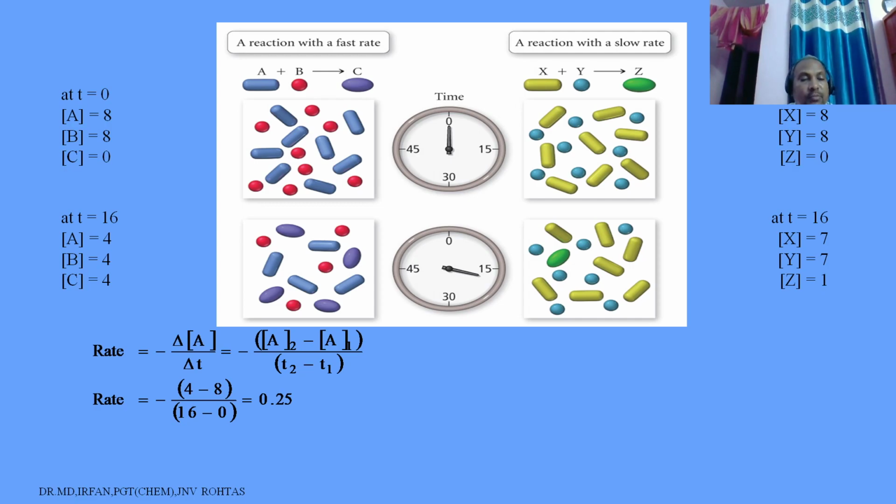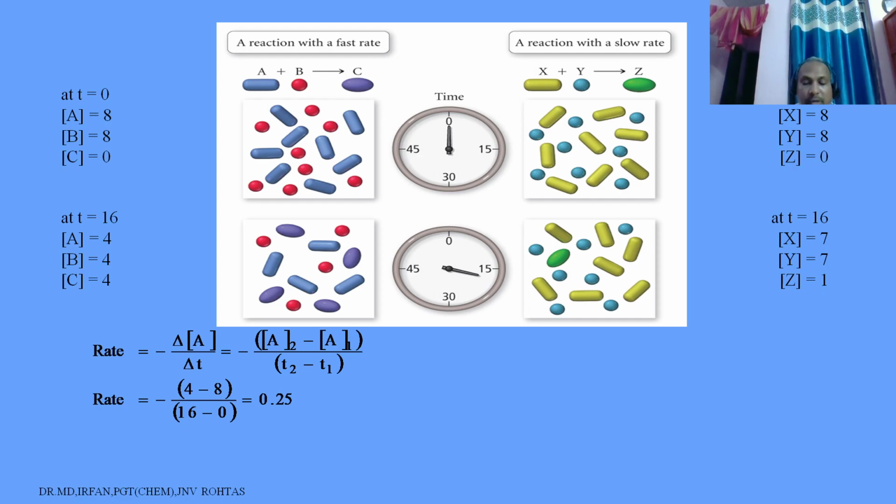Thus rate is equal to minus del A upon del T, where del A is the change in concentration of reactant within some time interval, which implies minus (A2 minus A1) divided by (T2 minus T1), where A2 minus A1 indicates change in concentration of reactant A and T2 minus T1 indicates time interval. Since the value of A2 is 4 and that of A1 is 8, which is divided by 16.